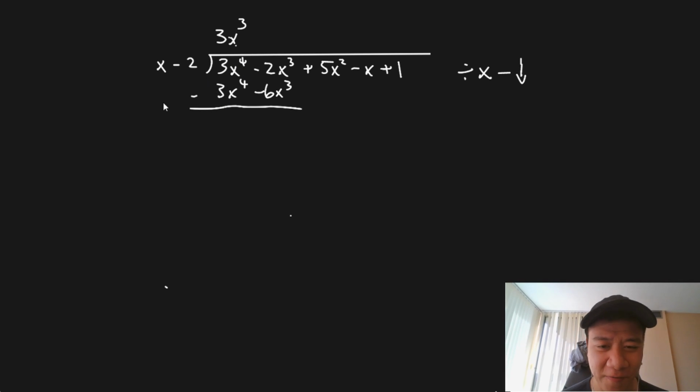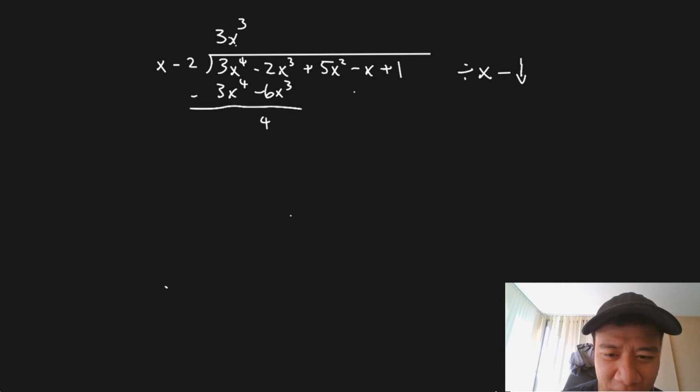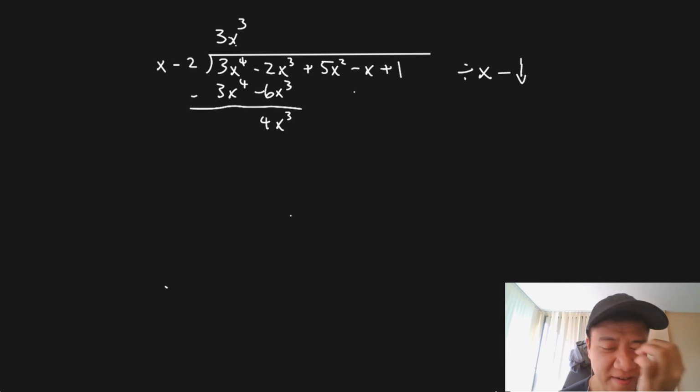So you have 3x to the 4 minus 3x to the 4, which is 0. We don't need to put anything if it's 0. The next thing is we subtract our negative 6x cubed from our negative 2x cubed. Since we have negative 2 minus negative 6, what we'll have left is 4x cubed.